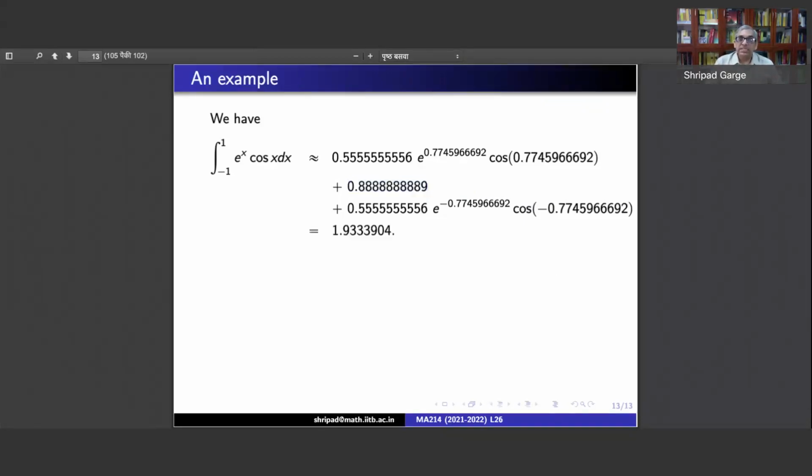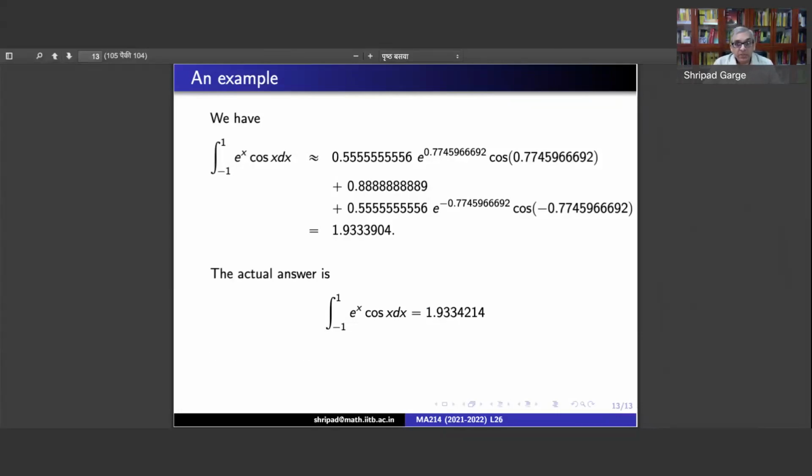If you compute this answer, this is 1.9333904. Whereas if you were to compute the actual answer, which I believe you can do much better than me, the answer would be 1.9334214. So the answer is quite good, definitely for the first 3 digits after the decimal point, and even for the next digit 39 and 42 are not very far.